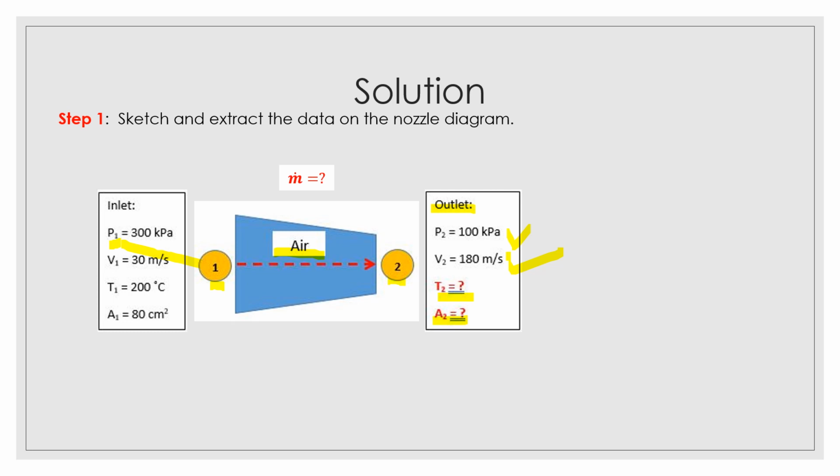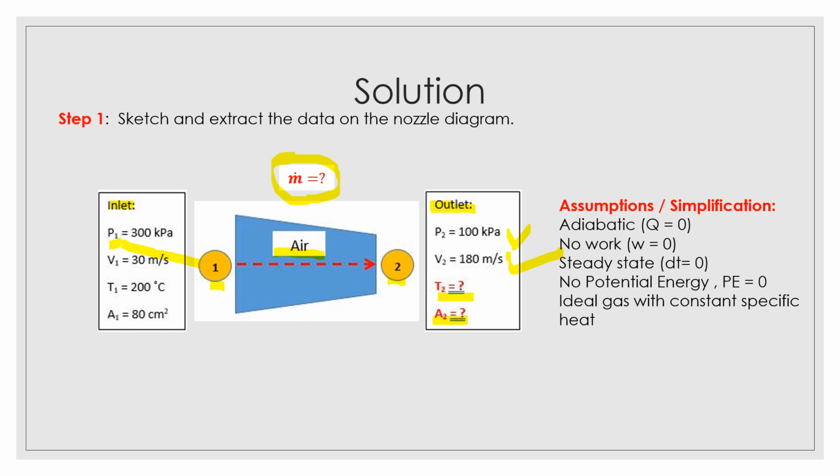We are given as well to determine the mass flow rate. Bear in mind, the mass flow rate for the nozzle should be the same for inlet and outlet due to the one single stream for this nozzle.